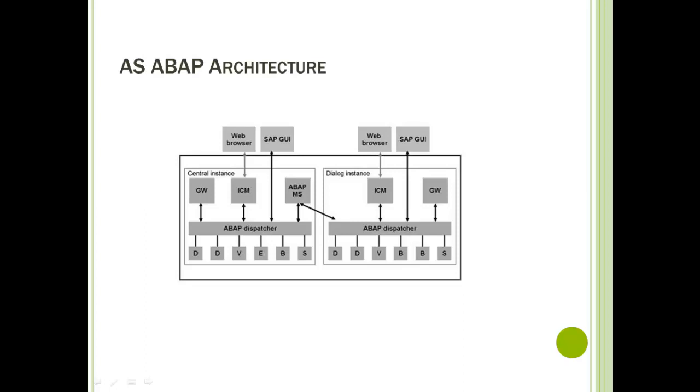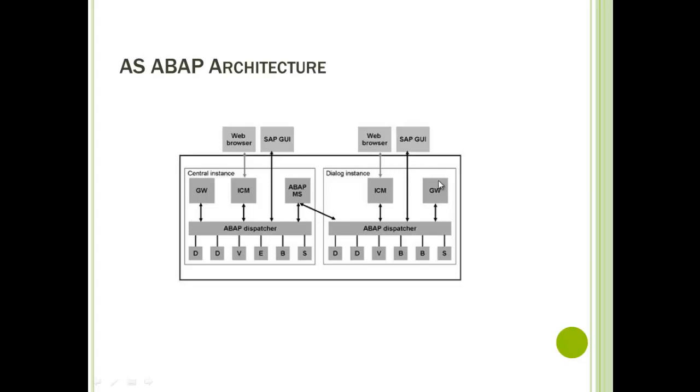In the ABAP architecture here, what you can see, we have the central instance and we have the dialog instance. As we have seen so far, the dialog instance can be more than one, or you can run with only the central instance also. Only the central instance is necessary. If it is a small system, you can run with that. If you want to have an additional application server, then you can install the dialog instance.